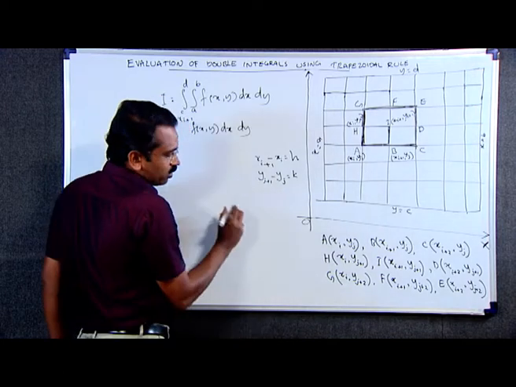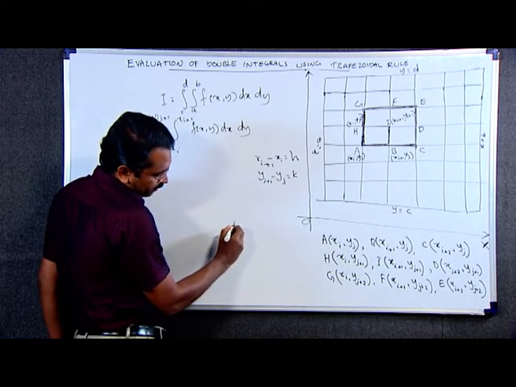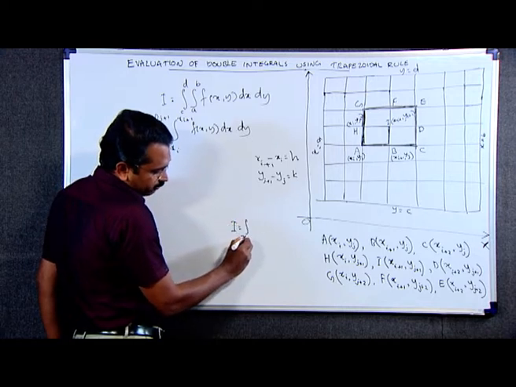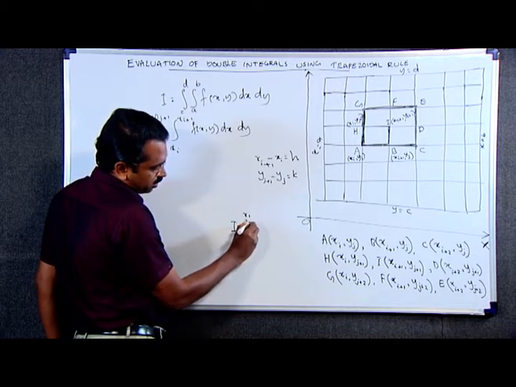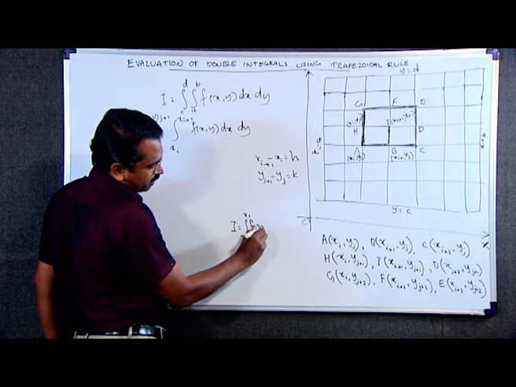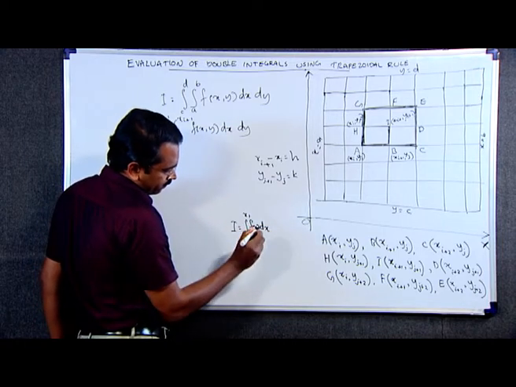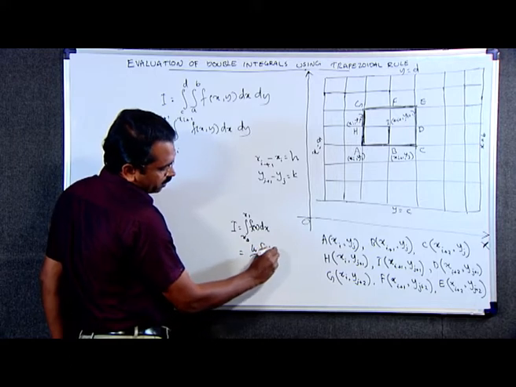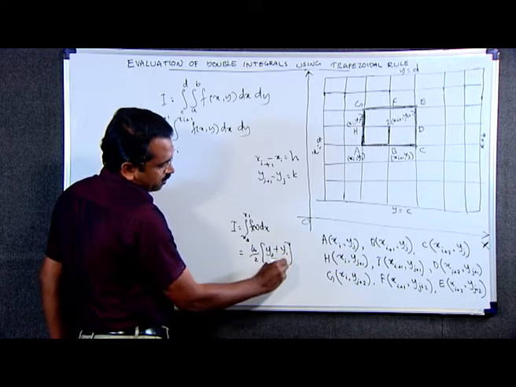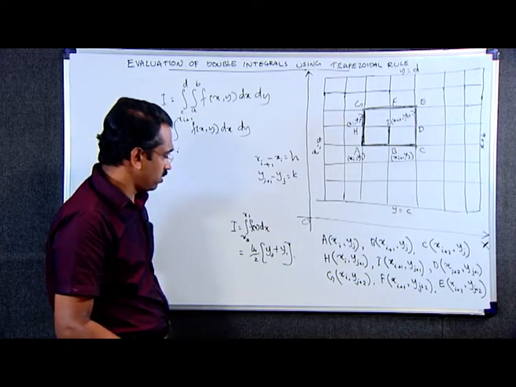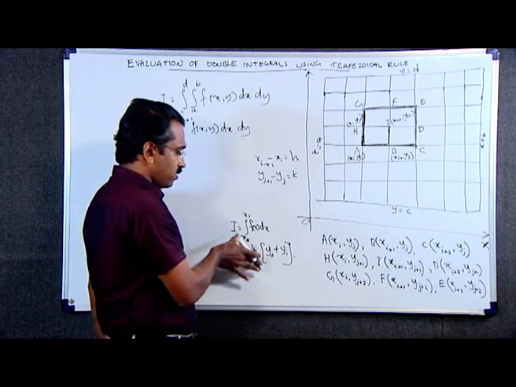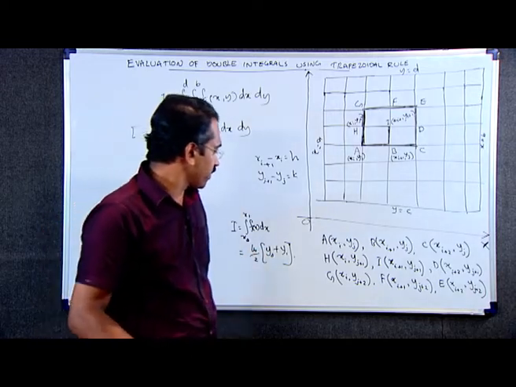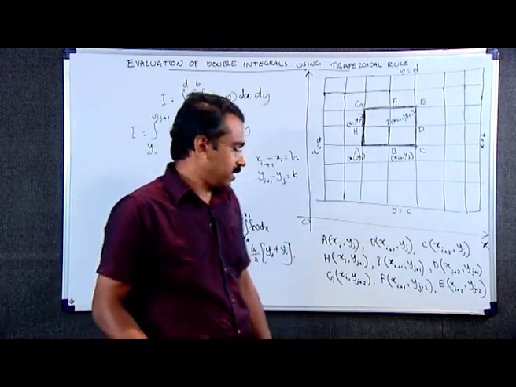By the trapezoidal rule, we know that the value of the integral I equal to the integral from x0 to x1 of f of x dx is h by 2 into y0 plus y1. We just derived this result in the session on the trapezoidal rule of integration.